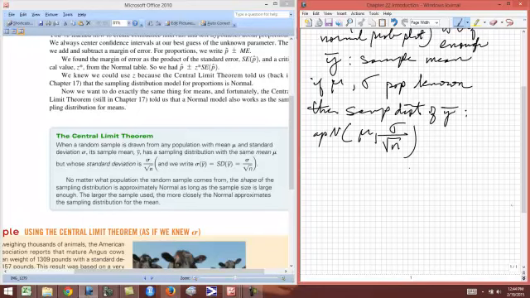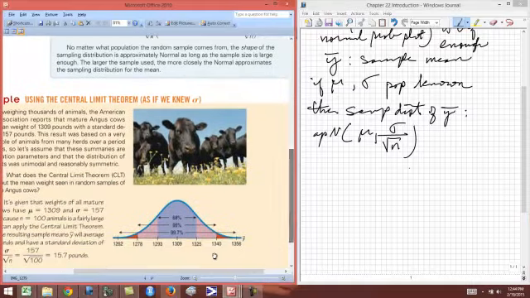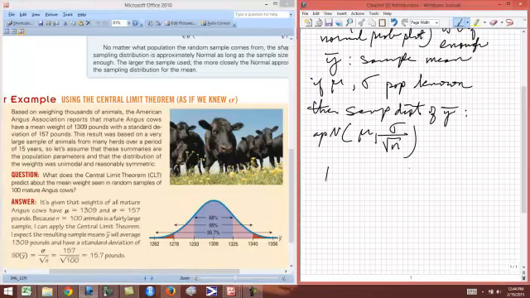Okay, and then this example here: if you knew mu and sigma, what would be the sampling distribution? Well, here for the weights of these cows, mu equals 1309 and sigma equals 157.